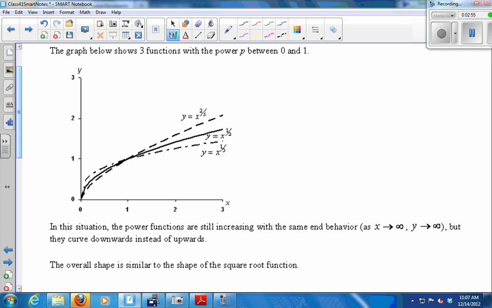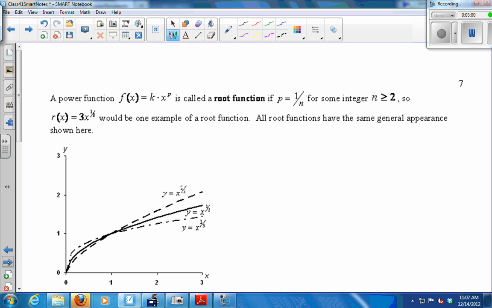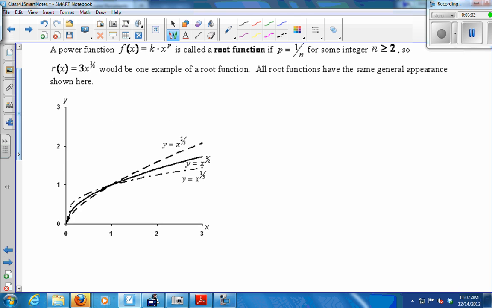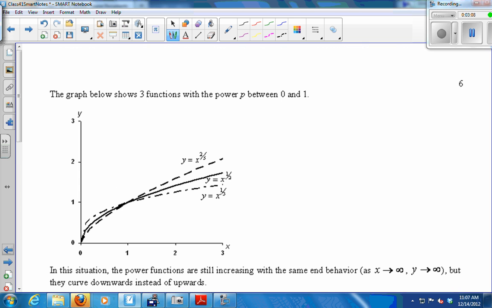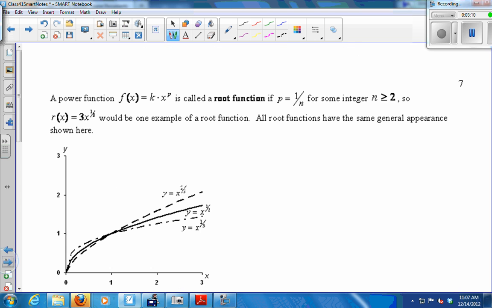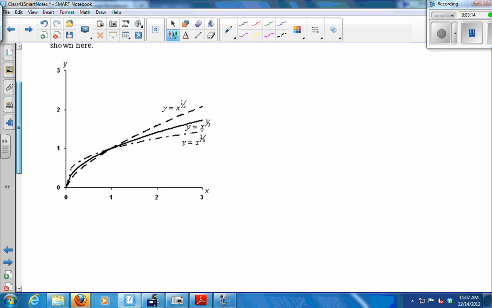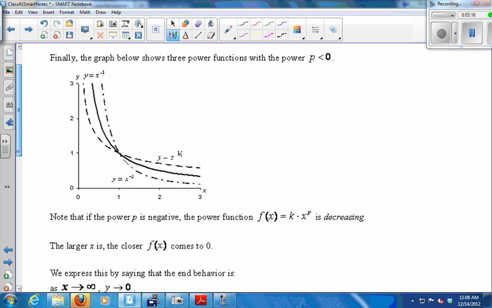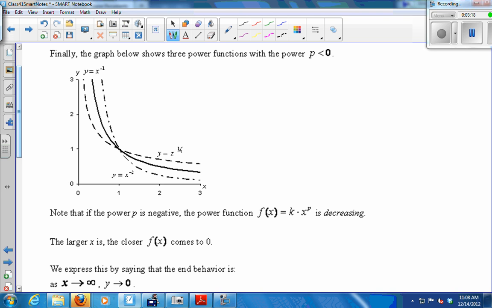They're increasing, but they're bending downwards. These are root functions. And then these are power functions where p is negative. These are decreasing and bending up.